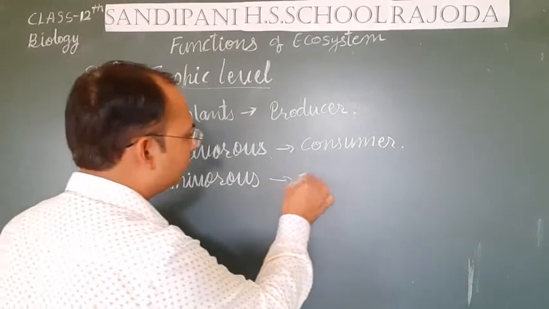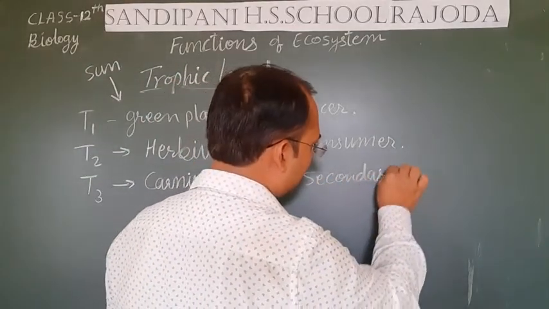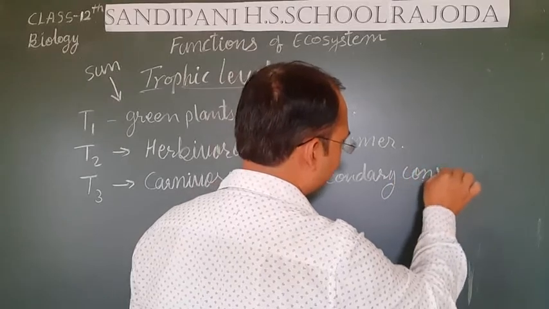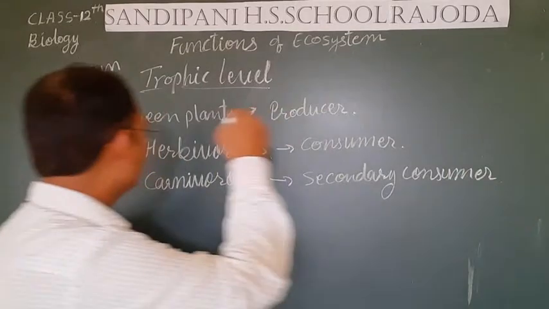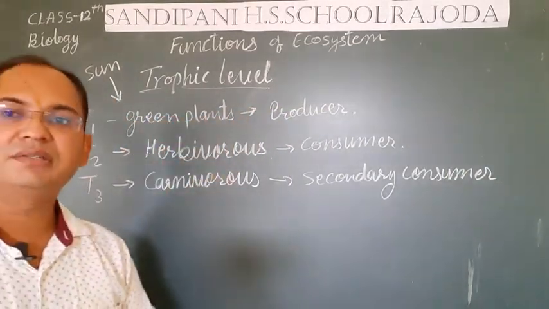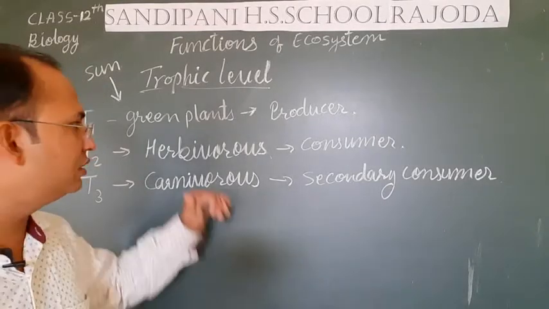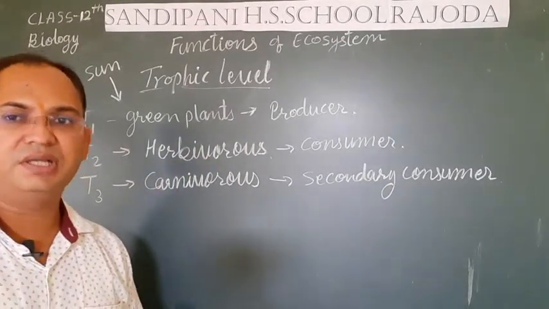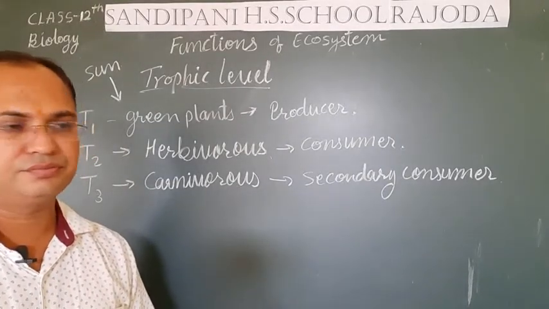Carnivores or secondary consumers are the living organisms who can feed on the herbivores as well as on the green plants and their products, like a dog who can eat the plant products as well as the flesh of other animals also.